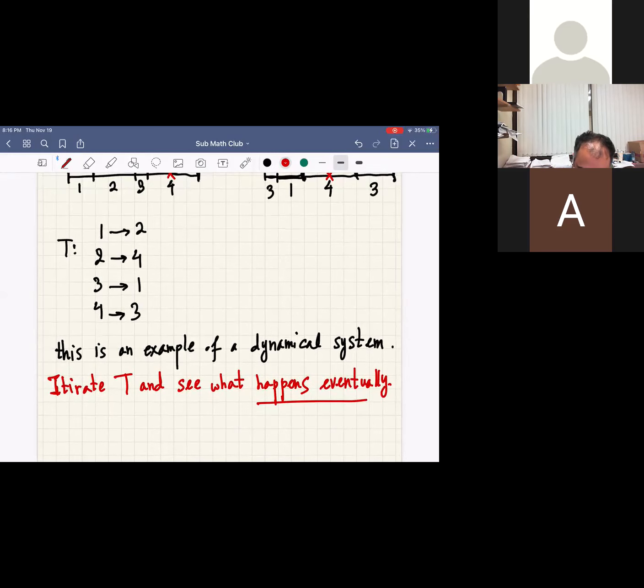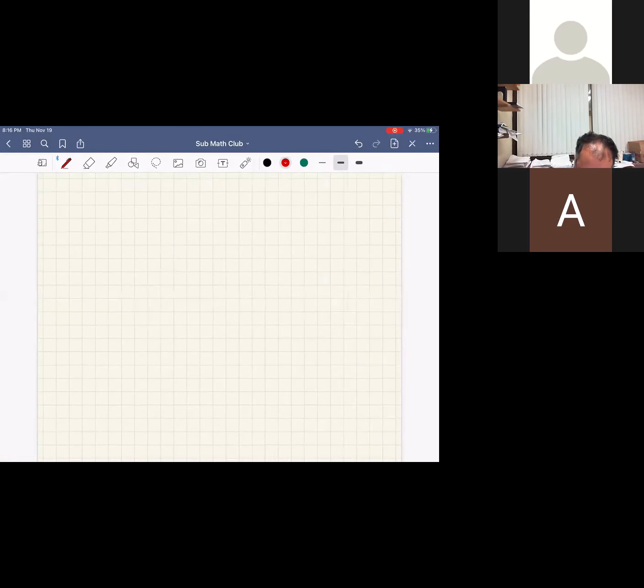So let's see what we can ask about what happens to these intervals as we keep iterating this rearrangement.